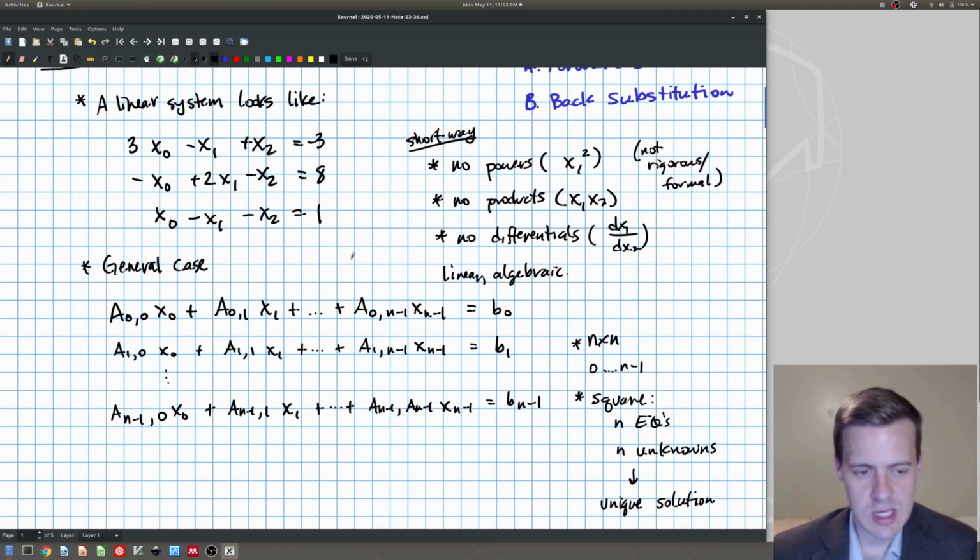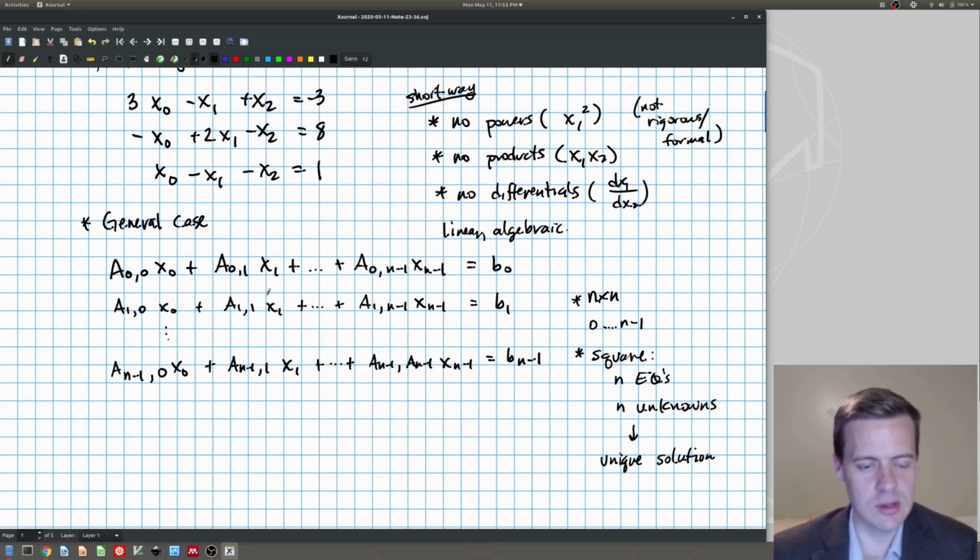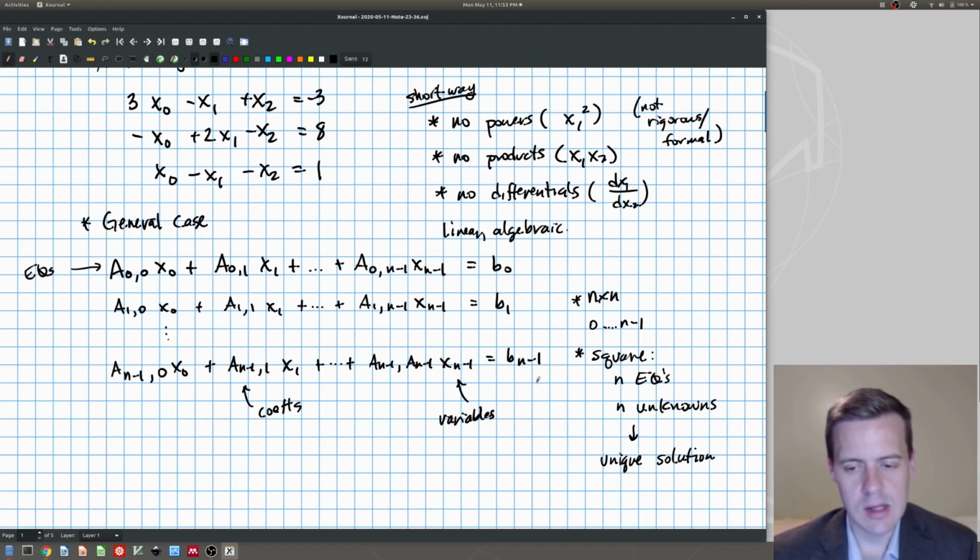All right, so here I have a general case. You can see these a's here. They're the coefficients that sit in front. Each of these are the equations. And then these x's here, they are the variables. And then over here, for lack of a better term, this is also part of the equation.